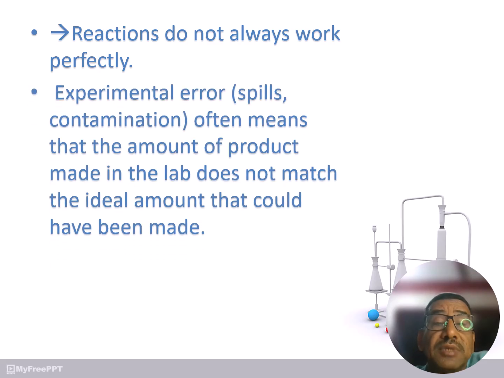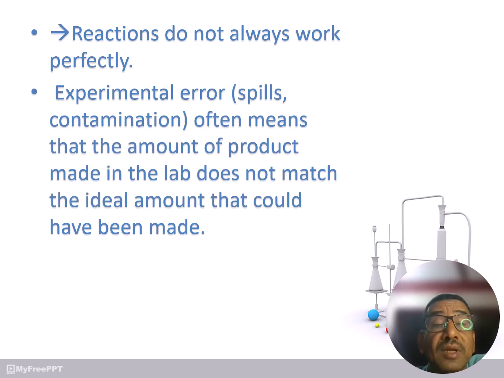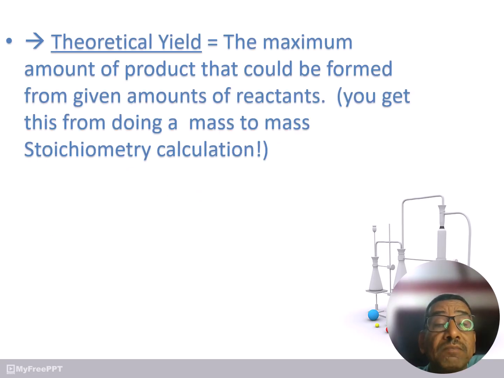Sometimes the reactions don't always work perfectly, maybe experimental errors, maybe errors from the person who does the experiments, maybe the temperature in the lab, maybe some loss of materials, okay, some error in calculations, or the amount of reactants.